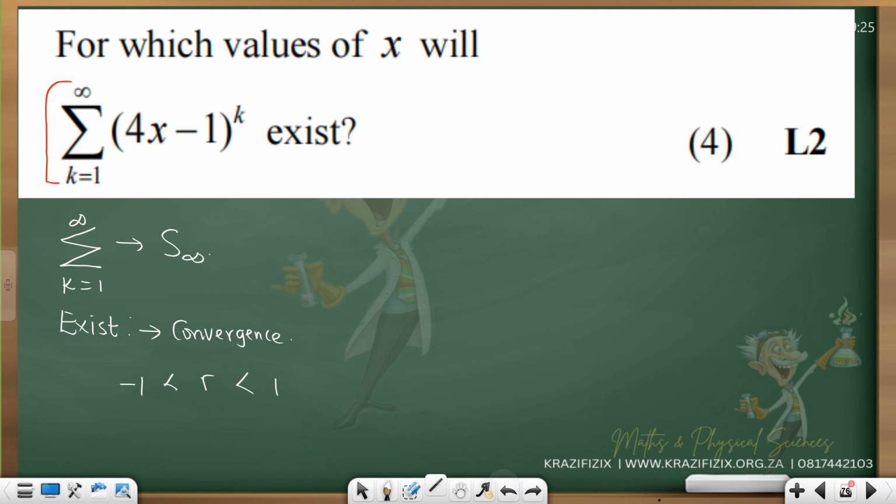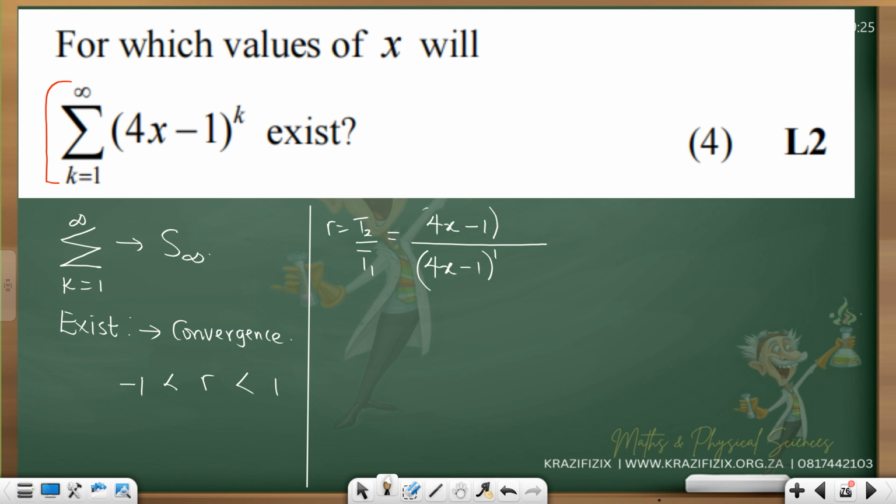The question is, remember we're looking for the value of x, but first I need to get r. What is r? T2 over T1. If I look for T1, T1 is 4x minus 1 to the power of 1. What is T2? You see, I'm replacing my k. And if I use laws of exponents, same base, subtract the exponent, my r is that.